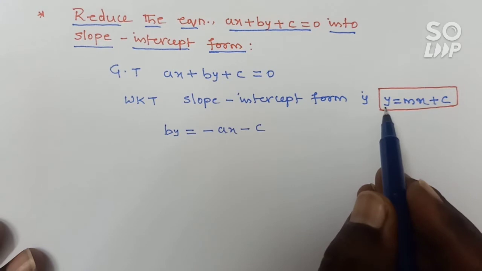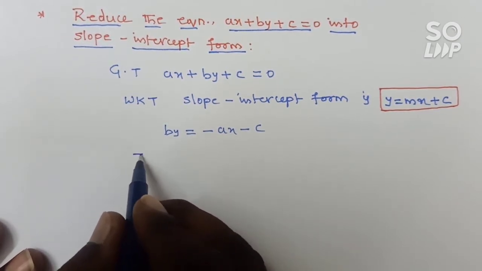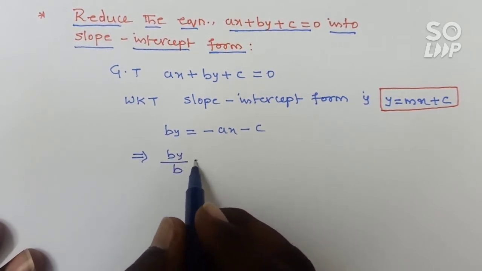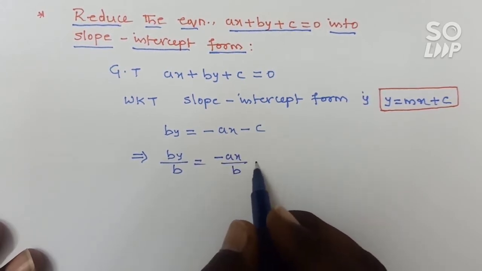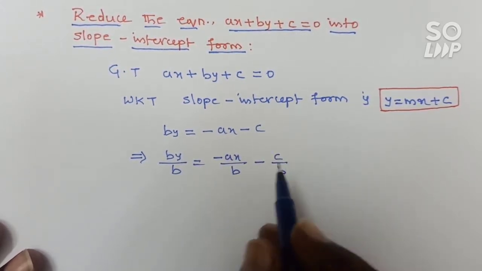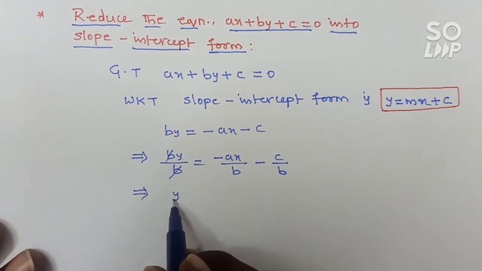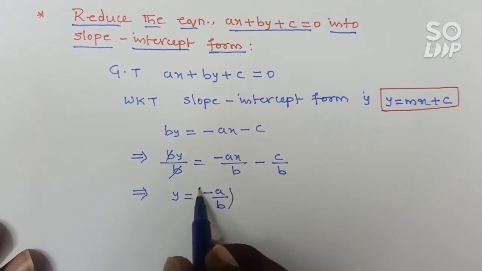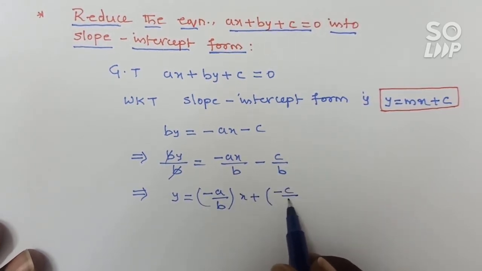In the standard form the y coefficient is 1, but here the y coefficient is b, so divide by b. b into y divided by b is equal to minus a x by b minus c by b. Here b and b cancel. That implies y is equal to minus a by b into x plus minus c by b.